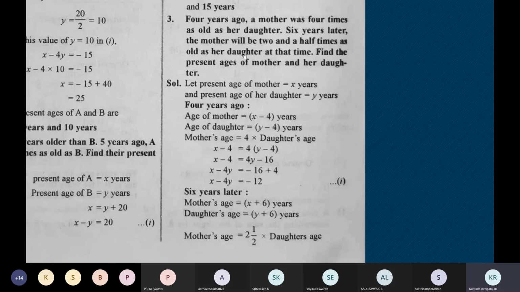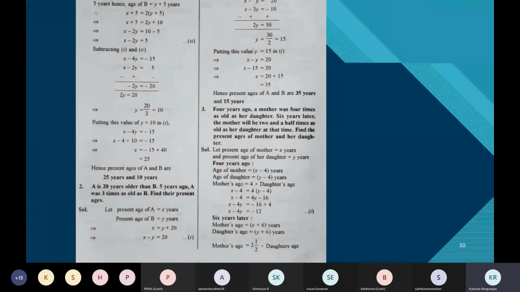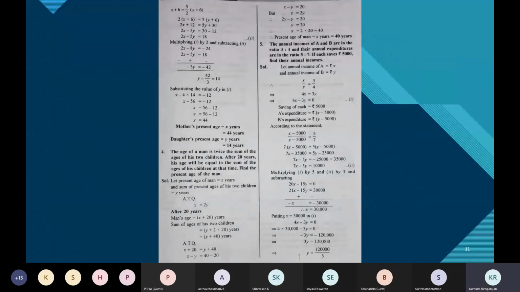Now substitute: x plus 6 is equal to 5/2 into y plus 6. From that we get another equation. Solve these two equations to find the values of x and y.